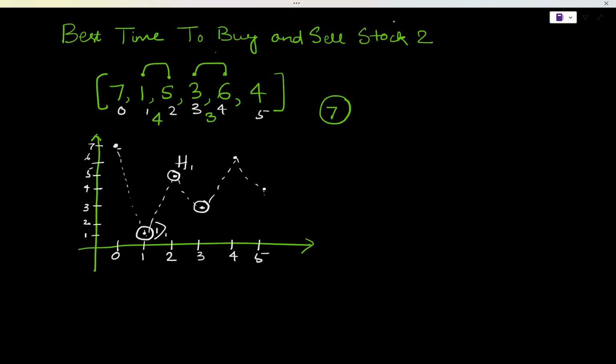Let's call it H1. Then at down point 2, another purchase was done. And at the second high point, another sell was done. So basically it's like a crest and trough kind of example. These are the troughs, these are the crests. So buy at the trough where the price is as low as possible and sell at a crest where the price is as high as possible.